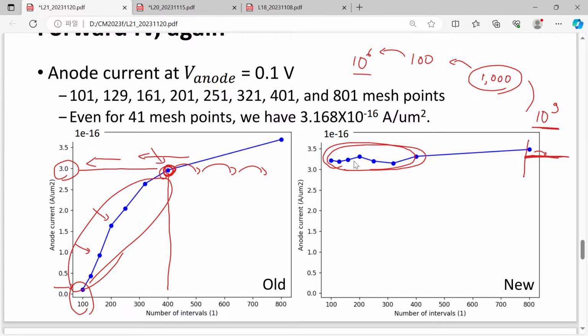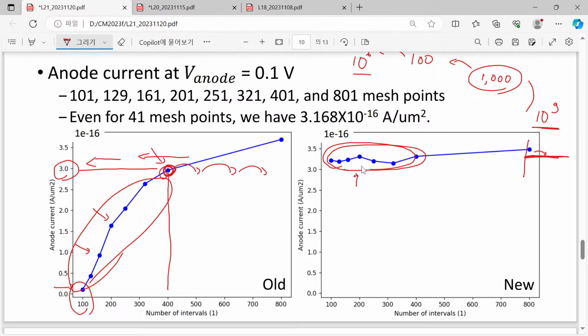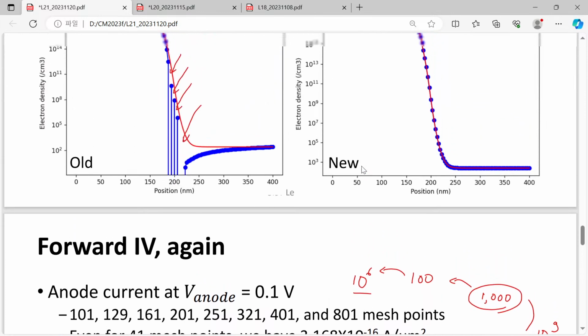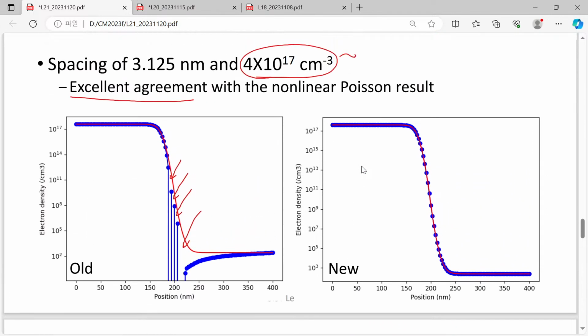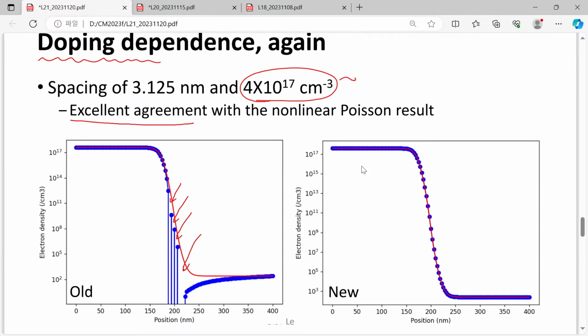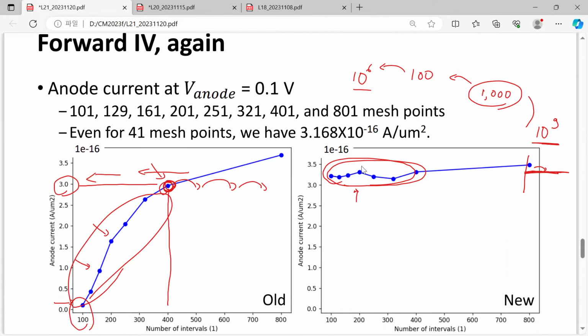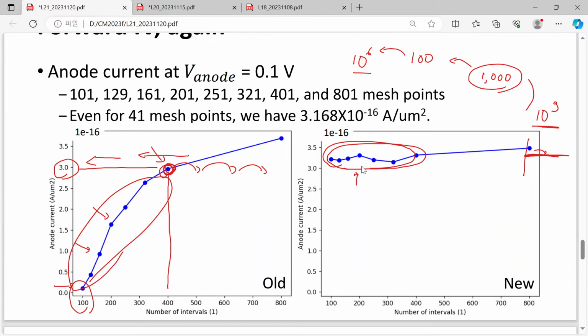But this is not related to a failure of the Scharfetter-Gummel scheme, but we are considering a really abrupt p-n junction in this case. So depending on the number of points, the treatment of this metallurgical junction can differ.